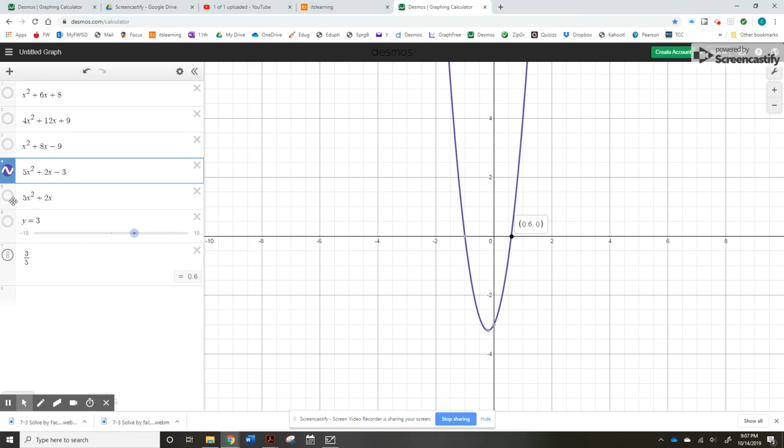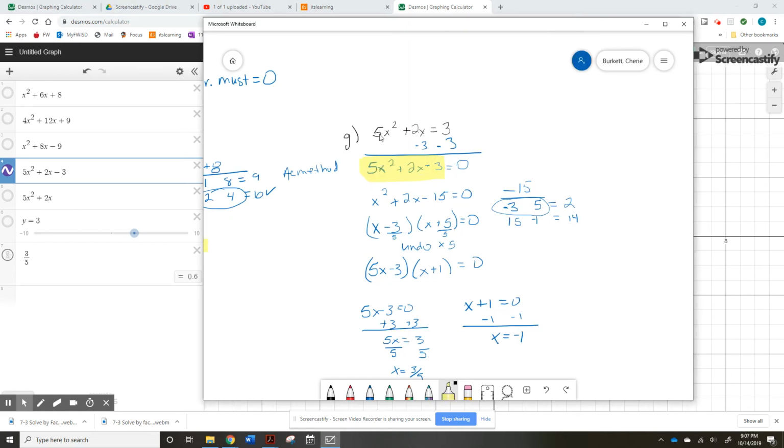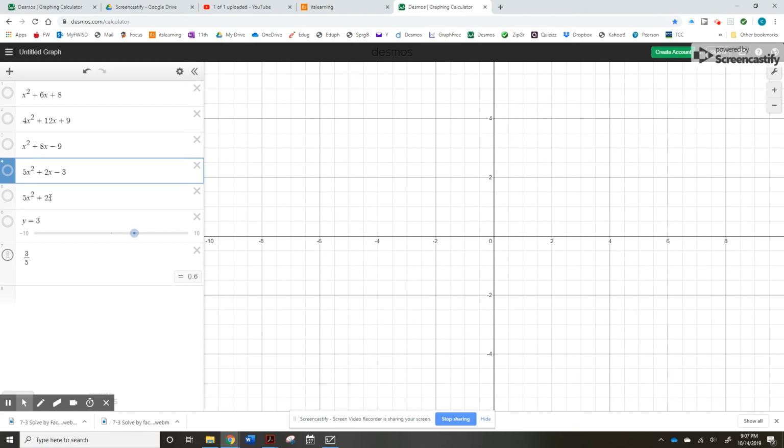Okay, I did want to show you that the original problem that we had up here was 5x squared plus 2x equals 3. And then we set it equal to 0. Well, if you go back and you put this part right here on one equation, and this one right here on a second equation, and if it makes you feel better, we can put y equals right there also.